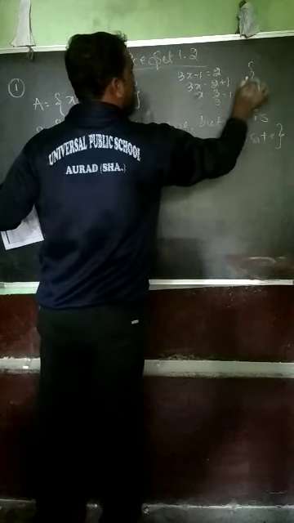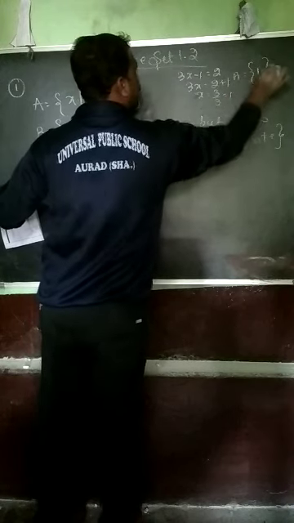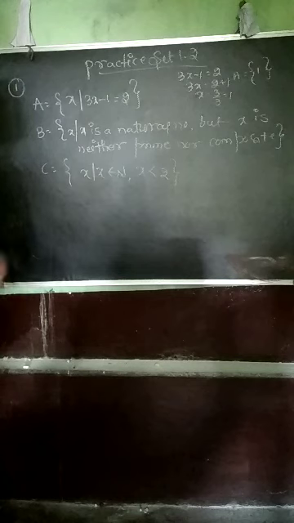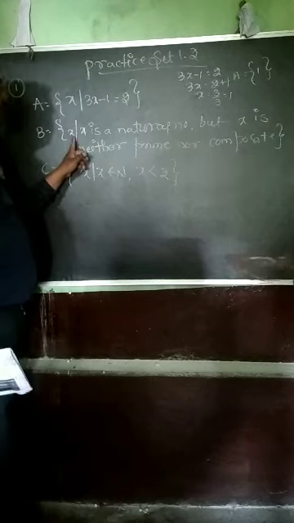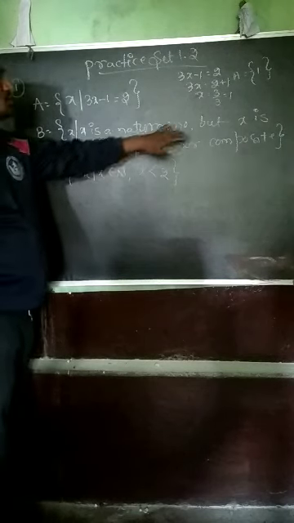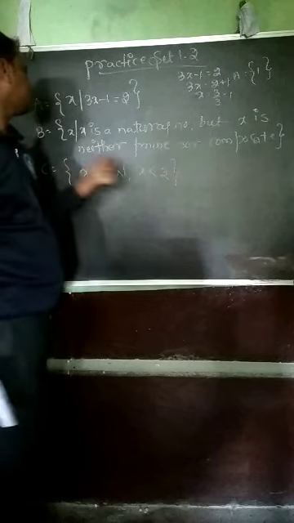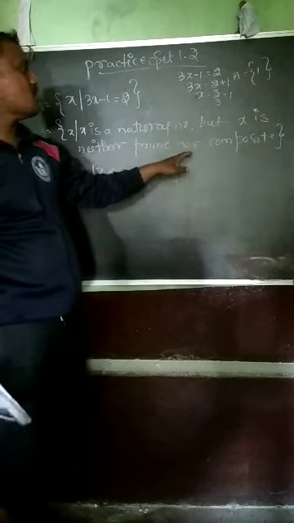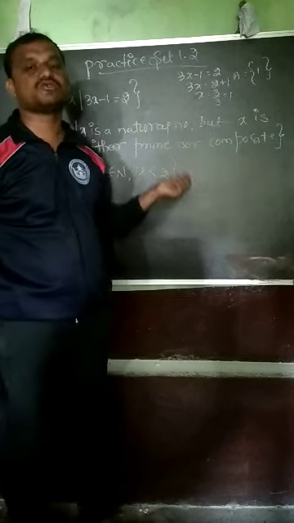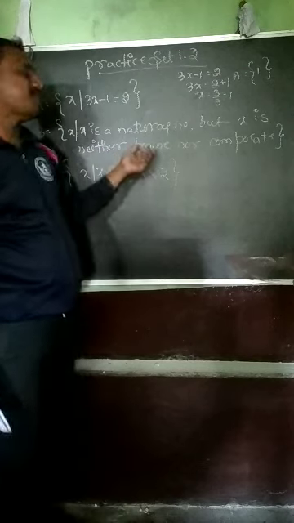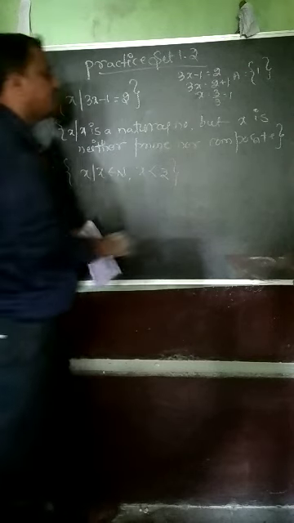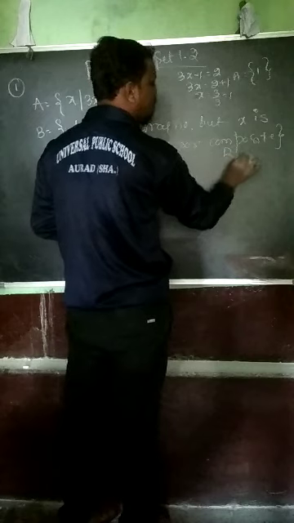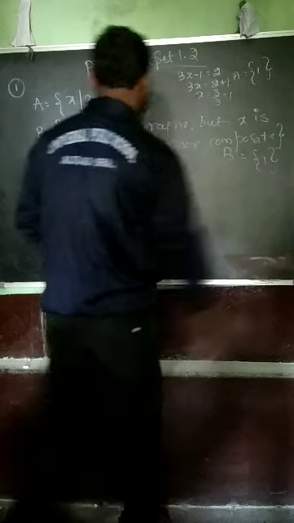Therefore A is equal to 1. And see here in B, x such that x is a natural number but x is neither prime nor composite. And no prime and no composite means it is only 1. So B is equal to again 1, right?